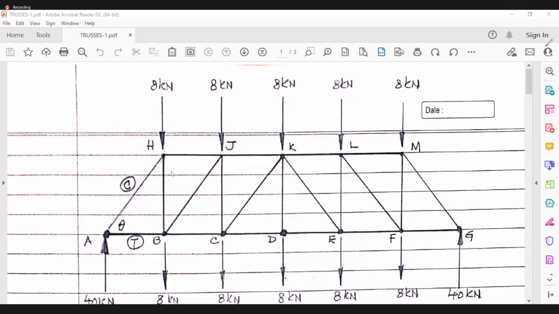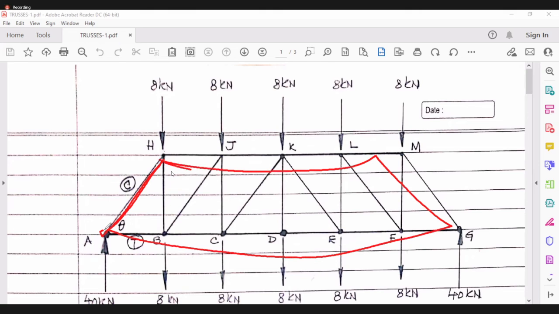So now here also this truss will deform slightly like this. So all these elements on the bottom will be in tension and all these elements are in compression.